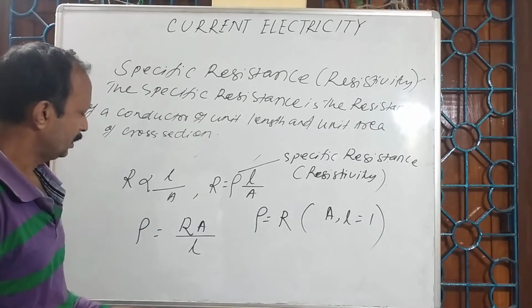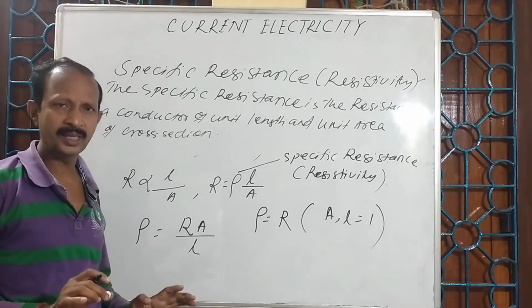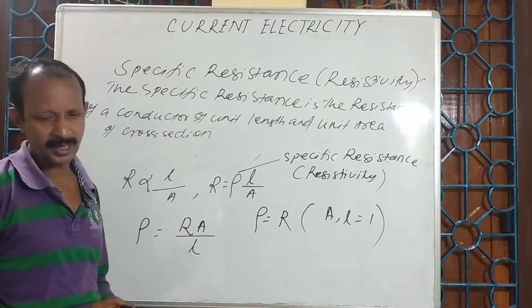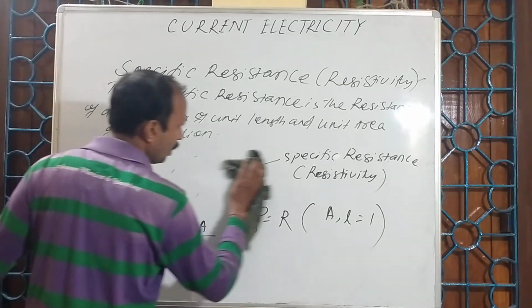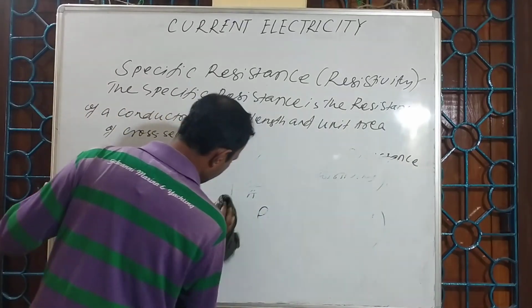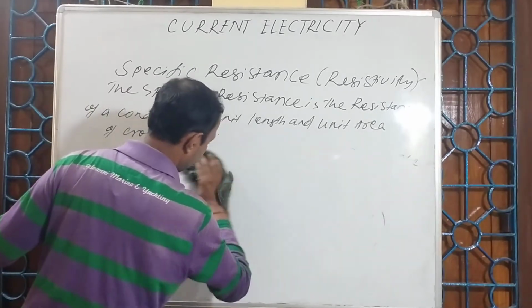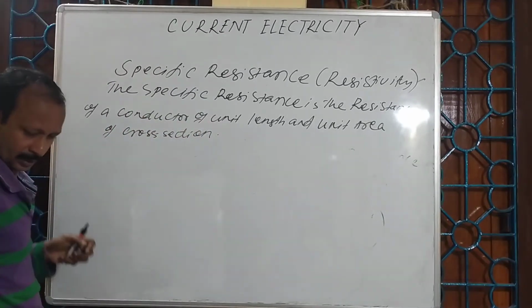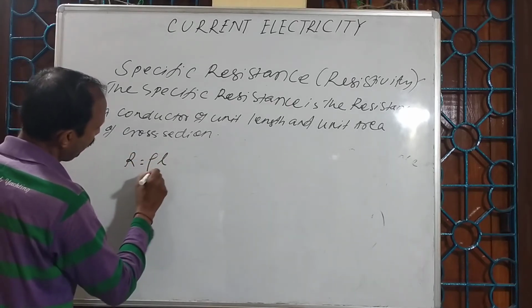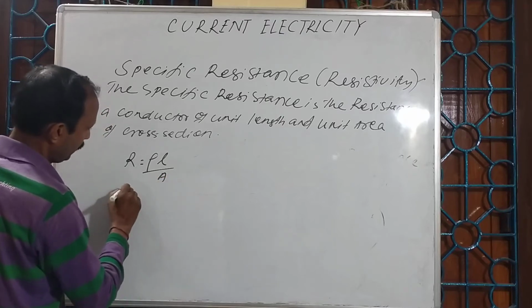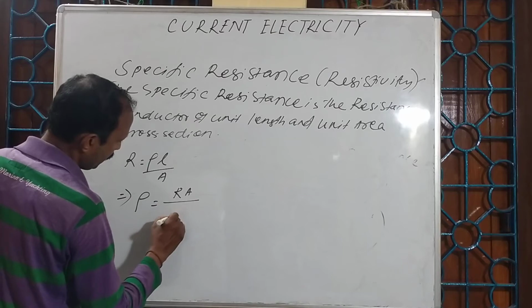That means if both area of cross section and length are unit, then the resistance of the conductor will be its specific resistance or resistivity. So we got that R equals rho L by A, or rho equals R A by L.